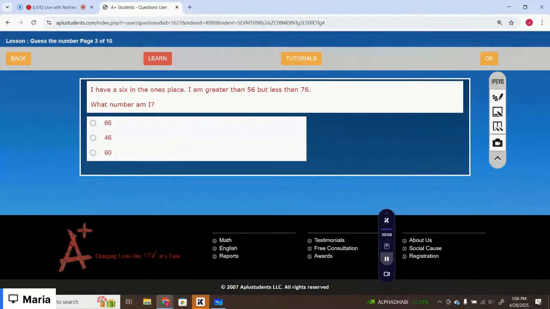I have a 6 in the ones place. I'm greater than 56, but less than 76. What number am I?